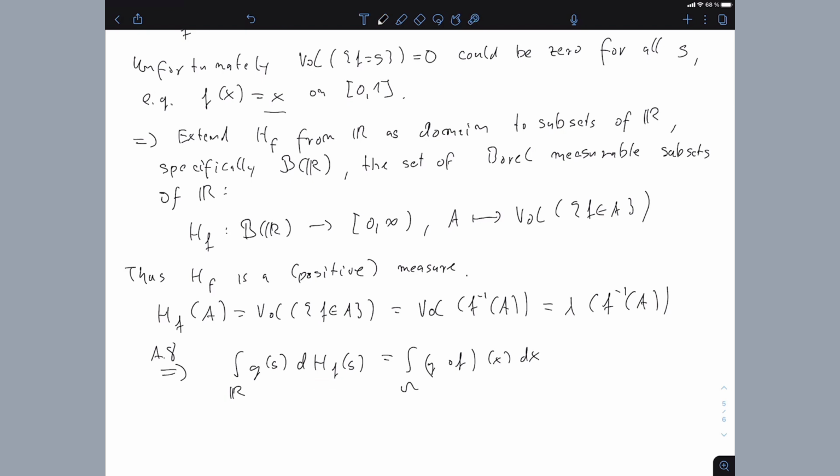You just need to compose functions. But here we will need what the push-forward measure is, and we can look at that further in the next lecture next week.